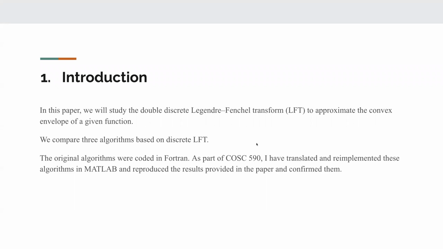And I was fortunate enough to have gotten in touch with one of the authors, who was very helpful and helped me with the original Fortran code. And henceforth, I have read the paper, understood what it's doing, and re-implemented and translated the original code to MATLAB using object-oriented programming. I have also reproduced the results that were provided in the paper and have confirmed them.